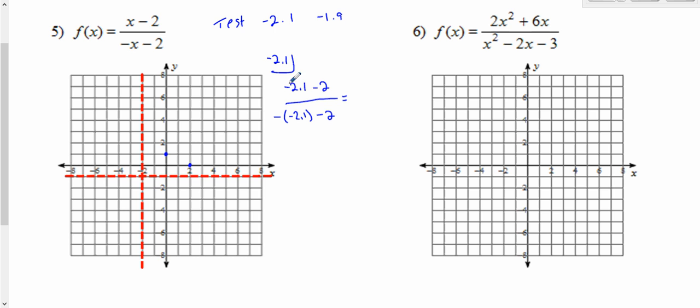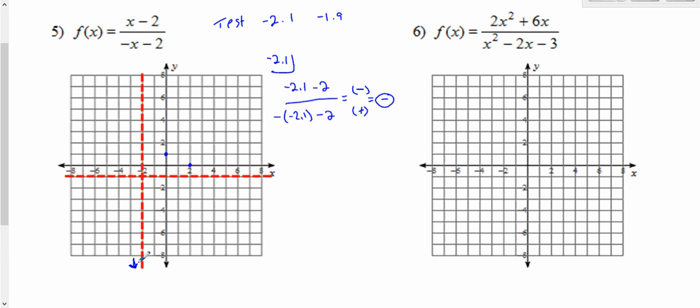Well, when I subtract negative 2.1 minus 2, that is a negative number. When I plug in negative 2 for the denominator, now I have positive 2.1 minus 2, which is a positive value. When I divide a positive and a negative value, my outcome is going to be negative. So at negative 2.1, which is to the left of this vertical asymptote, I am going down towards negative infinity.